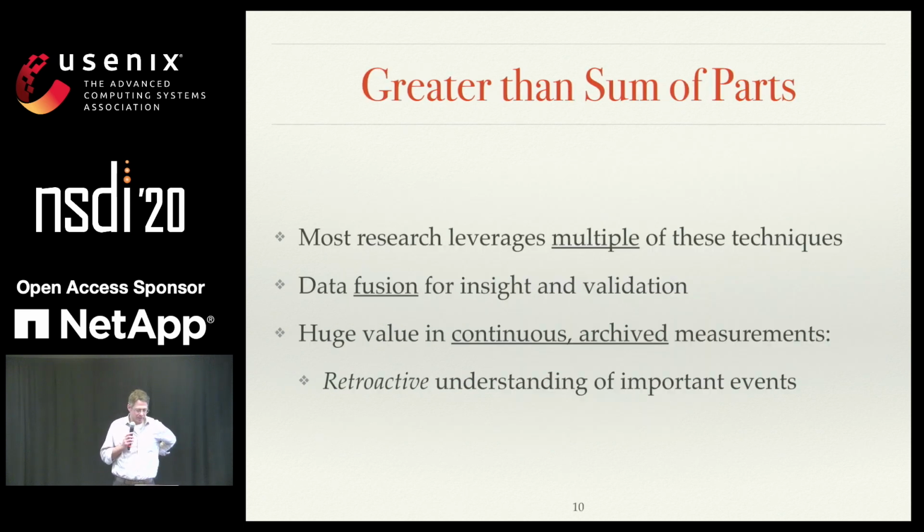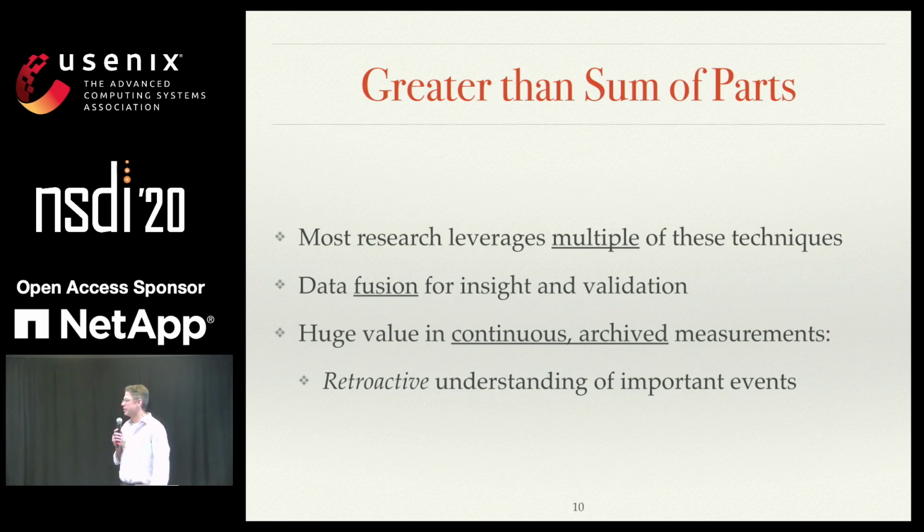And then, of course, I mentioned these three techniques, but they're almost never used in isolation, right? And so most research that you'll see in the space of internet measurement uses multiple of these techniques. So a big use of this data is really in data fusion to get sort of deeper insight and more validation.